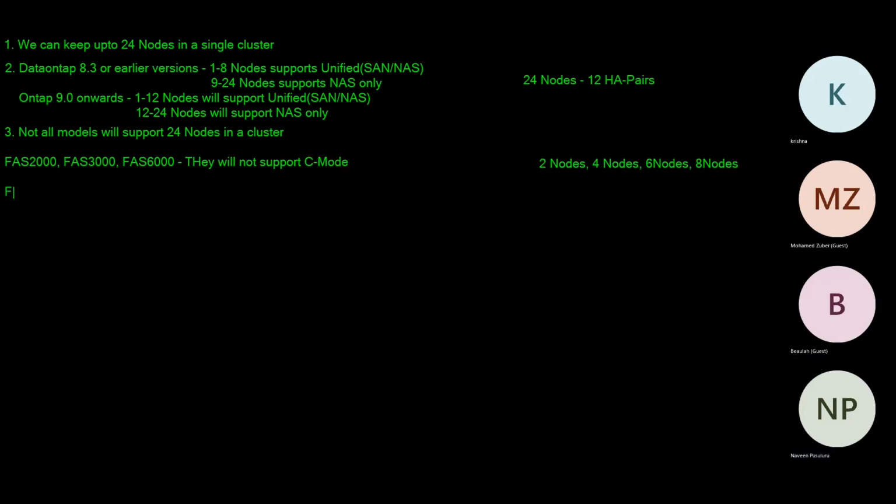Let's assume that I have 2200 series controllers and I want to create a cluster with these nodes. Then I can create a maximum of a 4 node cluster. I cannot add more than 4 nodes to a cluster.